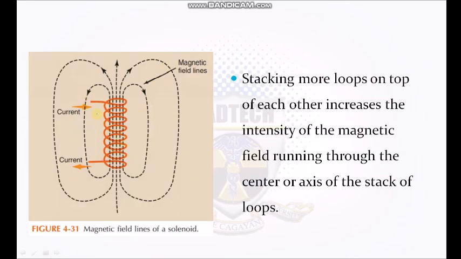In this illustration, this is a direct current. Electrons are only traveling in one direction. We'll follow the arrow. This is the flow of the electrons, and the magnetic field goes that way.